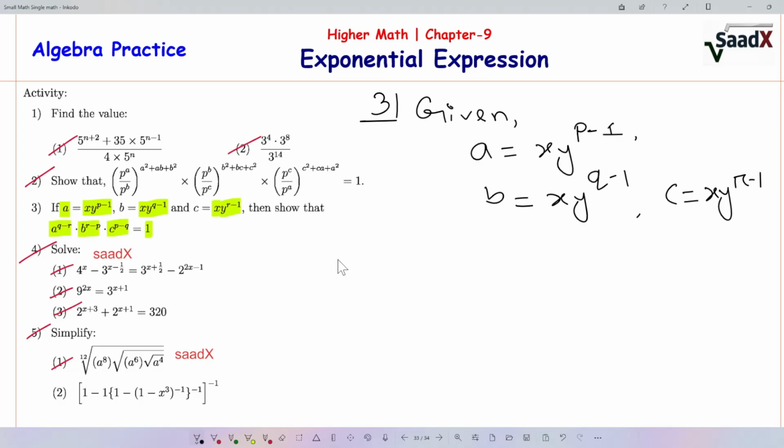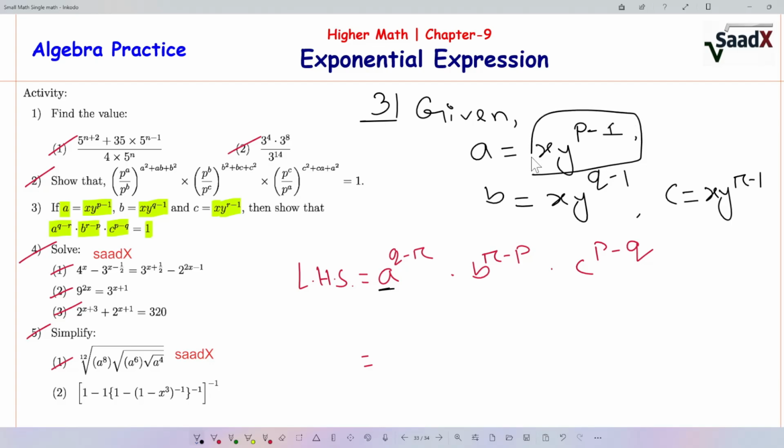So left hand side, we can write left hand side equals a to the power q minus r times b to the power r minus p times c to the power p minus q. Okay, it will be 1. How? Look, this a, which is x y to the power p minus 1, can be replaced, right?